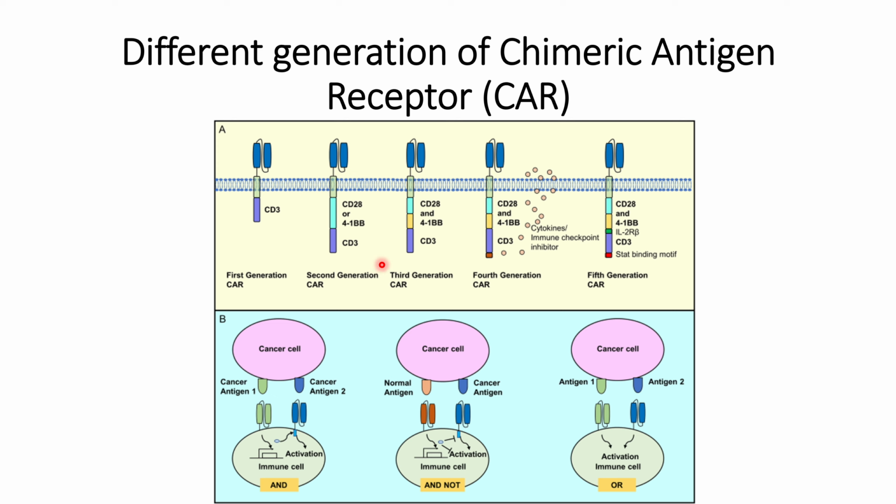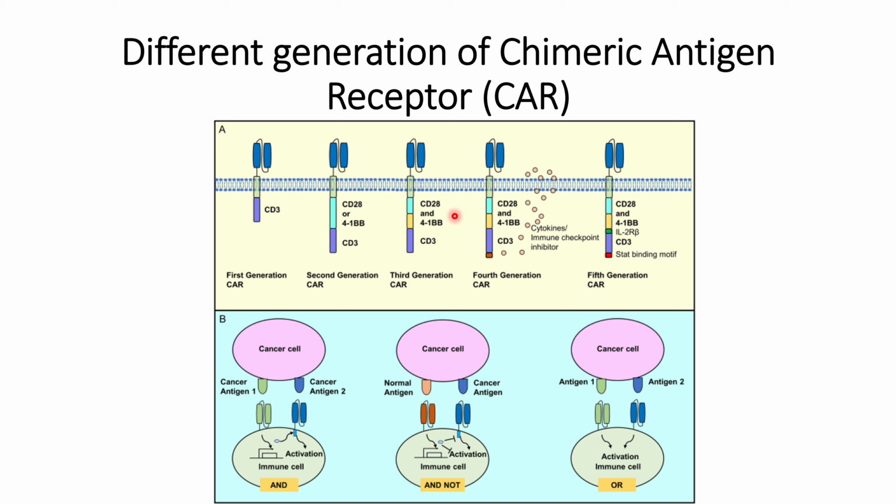But in the third generation CAR, both the co-stimulatory domains can be used in the same plasmid or in the same cells. That is, CD28 and 41BB are present in the same plasmid along with the CD3. This is the third generation CAR.